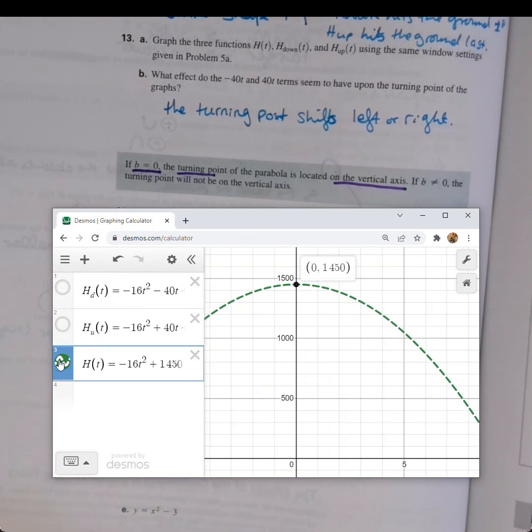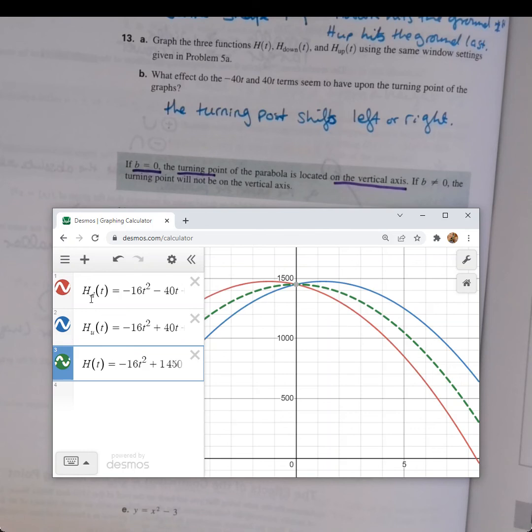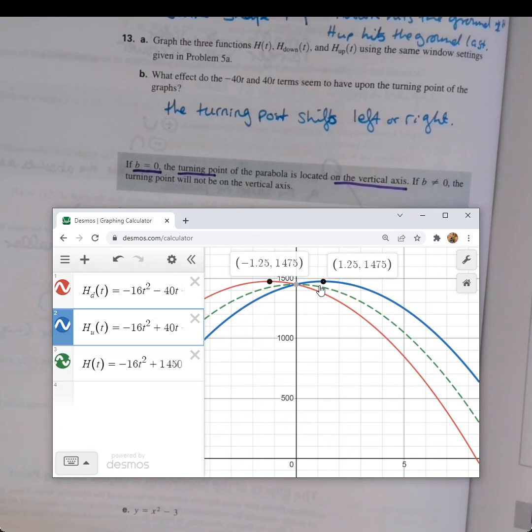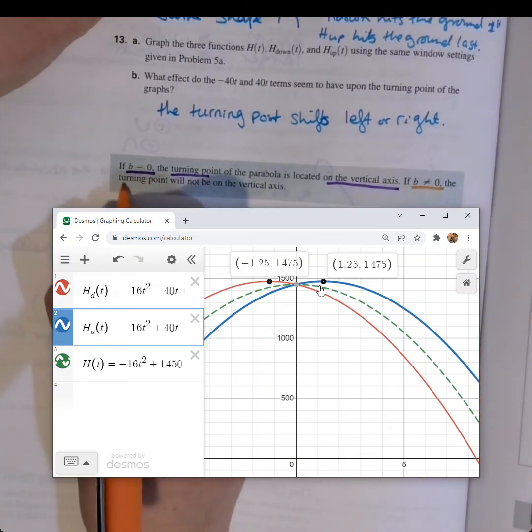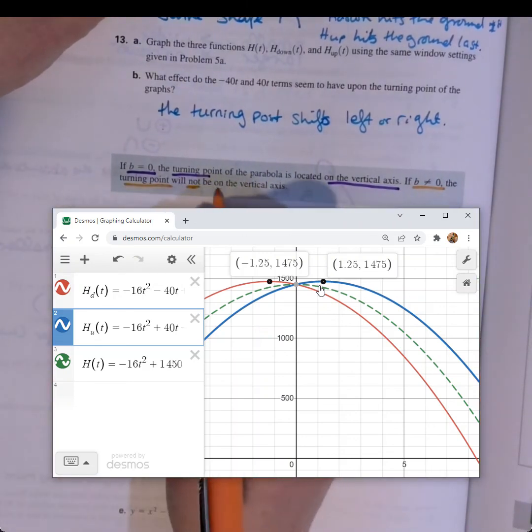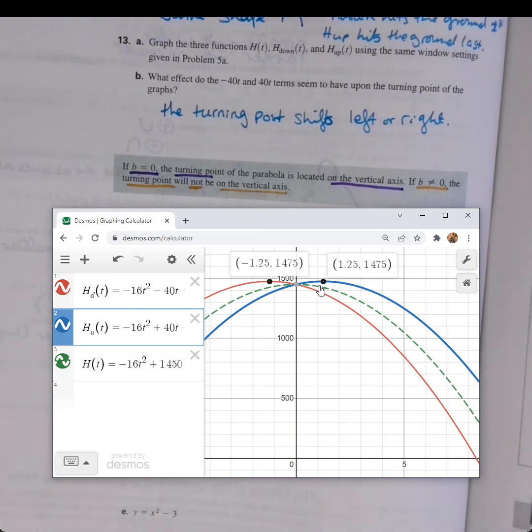But if the b value is not 0, you're going to get a turning point that is not on the vertical axis. So it just got shifted left or right. So if b is not equal to 0, the turning point is not on the vertical axis. That's one of the things that b tells us. It tells us something about the location of the turning point. Okay.